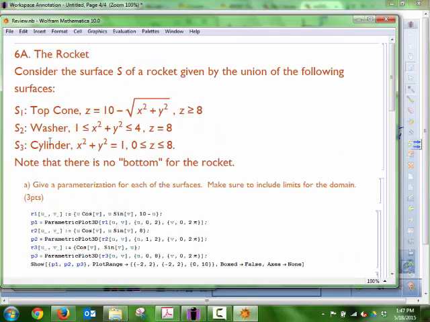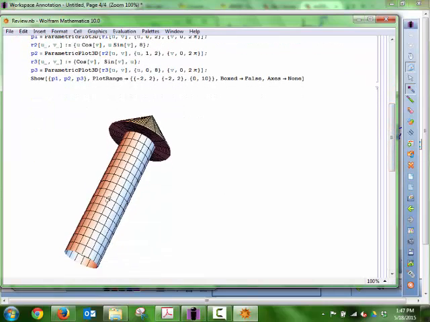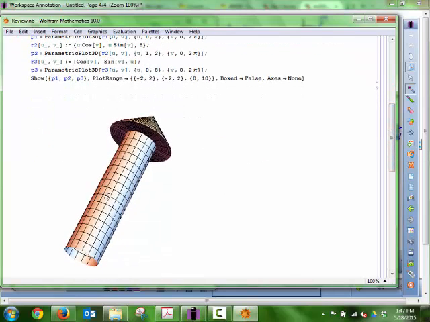So, given a surface like this, I can ask a couple of questions where you might be interested in using one or the other of those theorems. There's no bottom in this, so if I ask for the flux of the curl of a vector field of this, you would be thinking about Stokes' theorem.